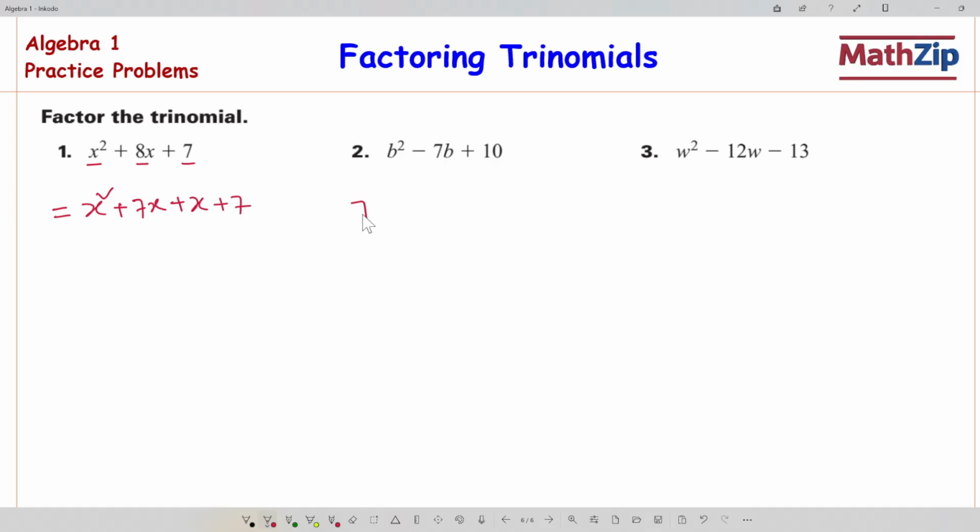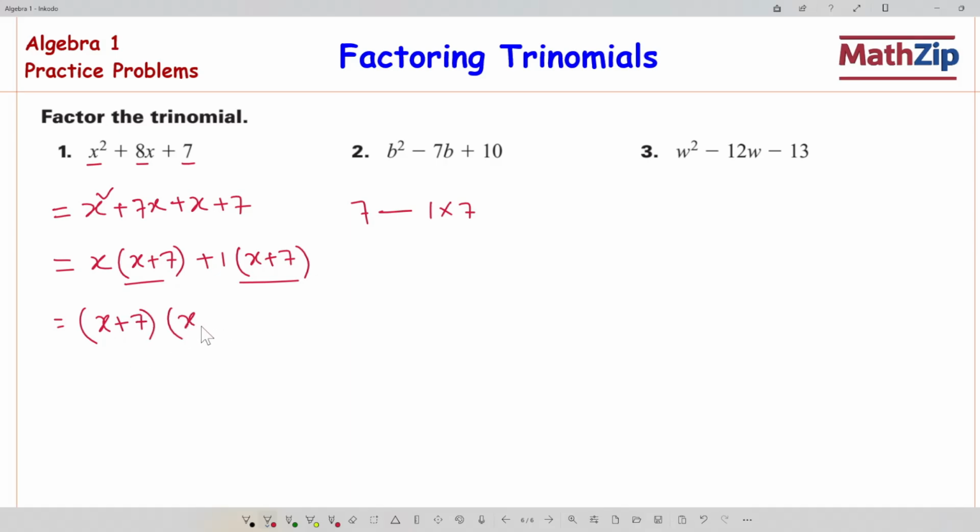Because if we factorize 7, it will be 1 times 7 is 7, and 1 plus 7 is 8. Now we can take common x, so x plus 7 plus 1, again x plus 7. Now we can take common x plus 7, so here is x plus 7 and x plus 1, and this is our answer. Okay, very simple.